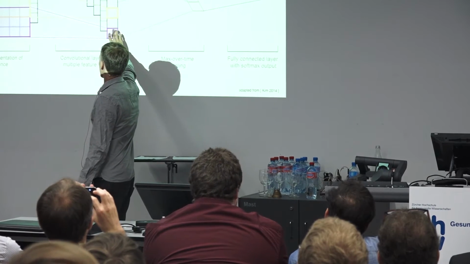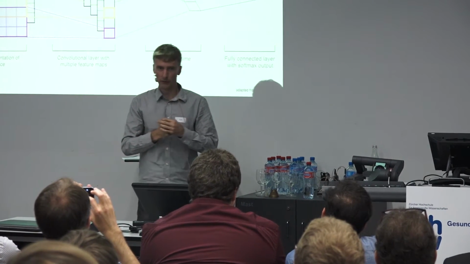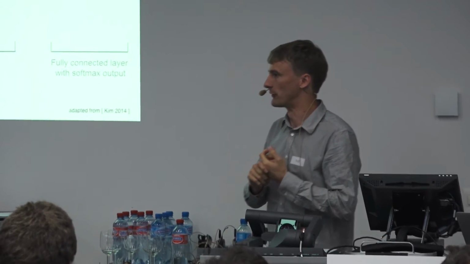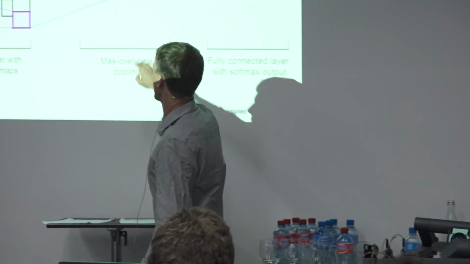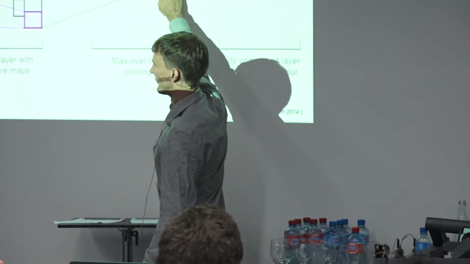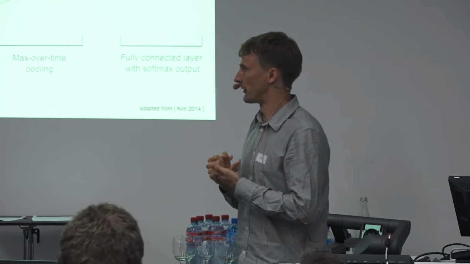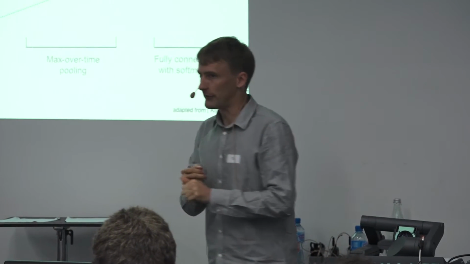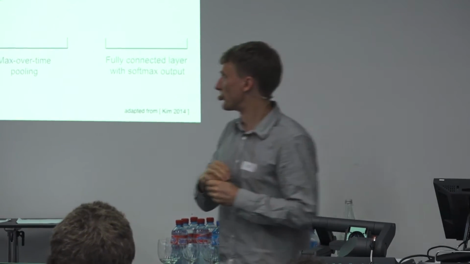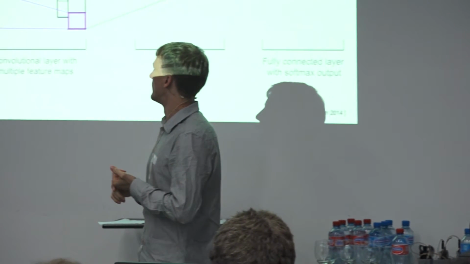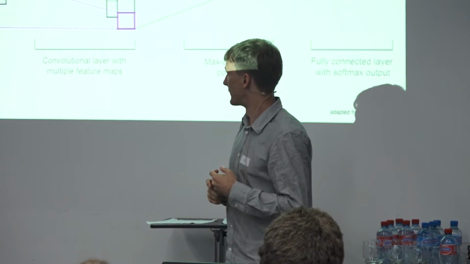So then you have all these numbers, and now you have to transform them to make them fixed length. What people do is they just take the maximum of all these numbers, and then they have just one number for the entire sentence, which is here. And then we can use this as a representation of the sentence. It's not enough to just do this once, so we do this many, many times and train the whole system.